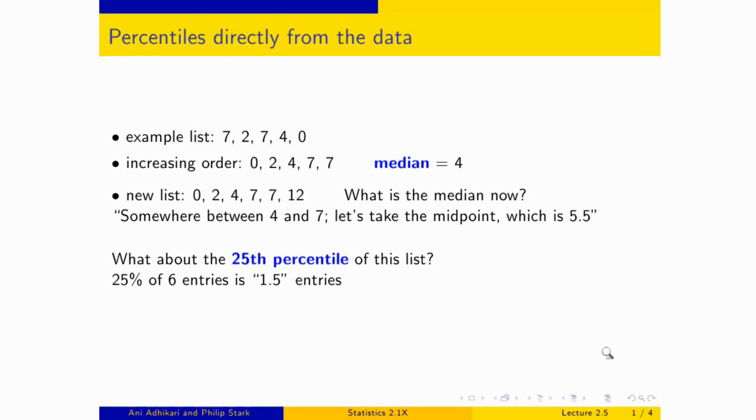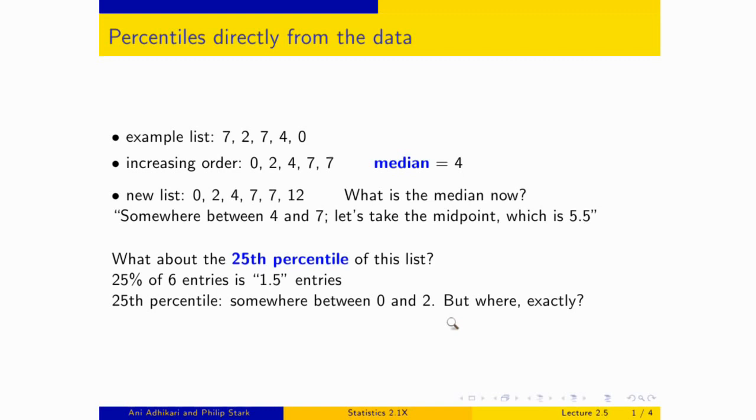It's a good idea to have one definition that works for all lists and all percentiles so that we don't have to worry about what's the convention in this case. And so what we're going to do is take the natural idea that the 25th percentile of this list has to be somewhere between 0 and 2 and try and work out where exactly it should lie.